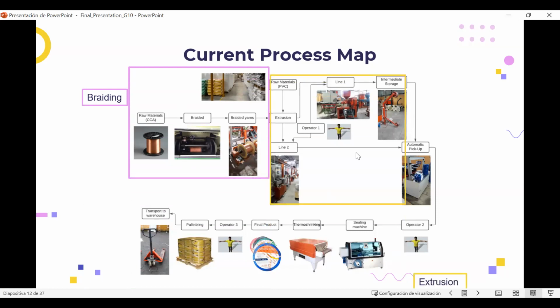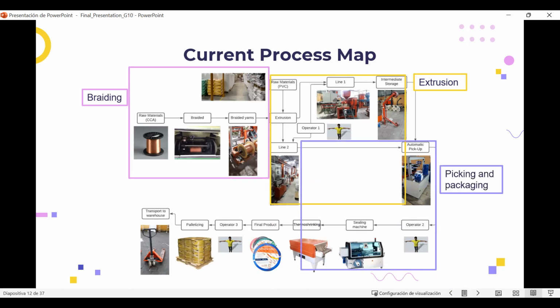The second stage is the extrusion, where the insulation is applied to the cable. And the third stage is the picking and packing stage, where we do the process of packing to obtain the final product that we can observe, and this is stacked on pallets and then transported to a warehouse.